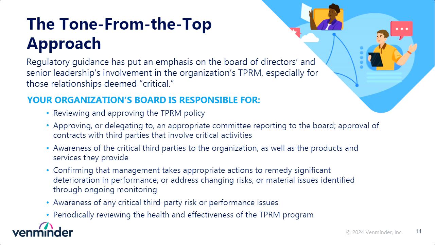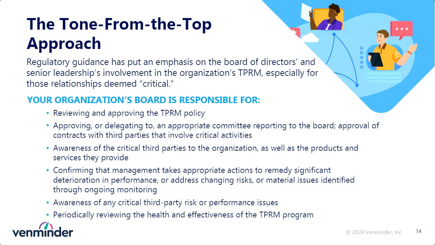So now that we understand what tone at the top is and a regulatory lens of what it is, it's making sure that you have an understanding of how to define the roles within how to enforce tone at the top. So your organization's board of directors is responsible, as it pertains to your third-party risk management program, for reviewing and approving the third-party risk management policies, approving or delegating appropriate committee reporting.